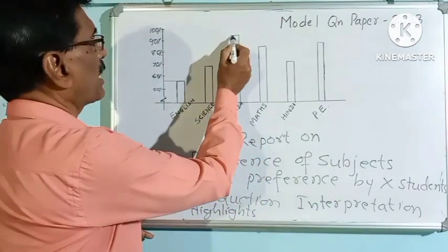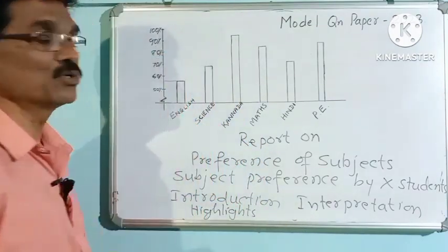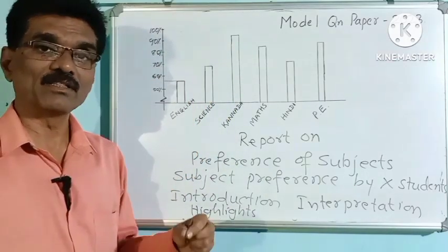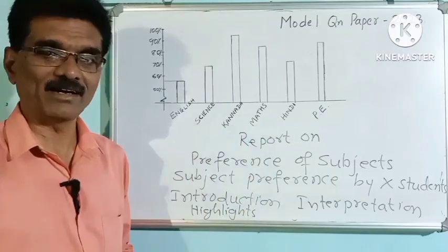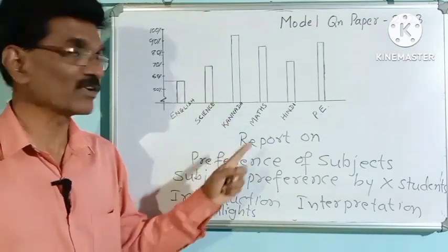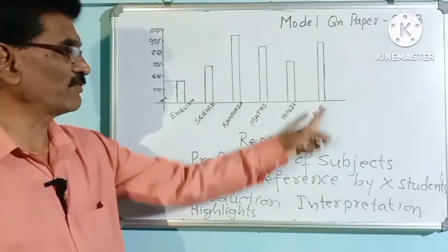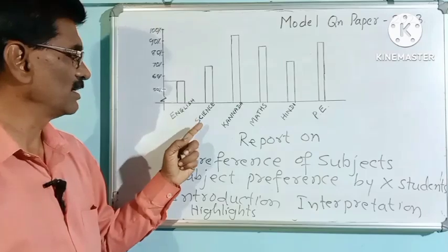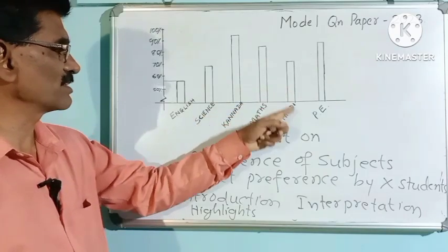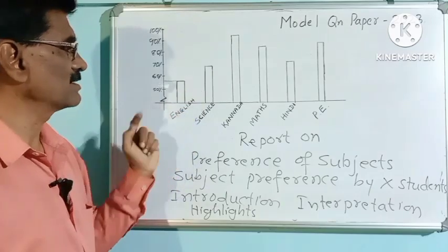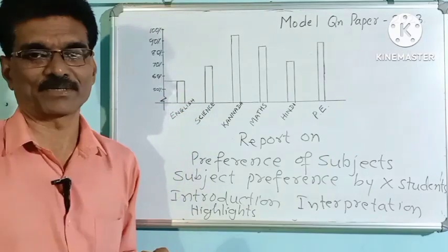Now when you come to the highest, this is about 92. 92% of the students of 10th standard prefer Kannada. That means their first preference is Kannada, second preference is physical education at 83%, and third preference is probably Hindi, and then science, and the least is English.